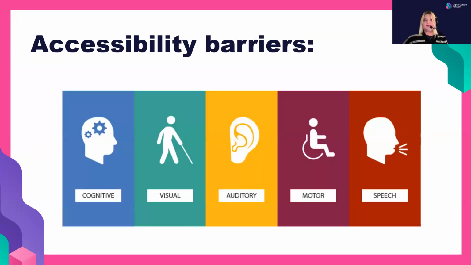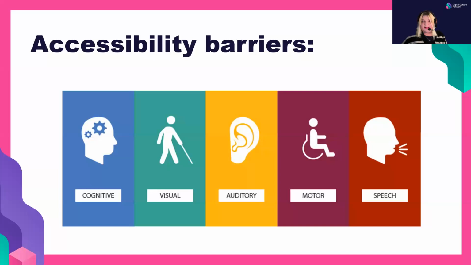And accessibility barriers could be encountered if people don't have the full use of one or a combination of their senses. This is why it's important to make sure that your content is available in a variety of modes, so people can choose different ways to access the content that suits them. And it really helps towards preventing accessibility barriers.